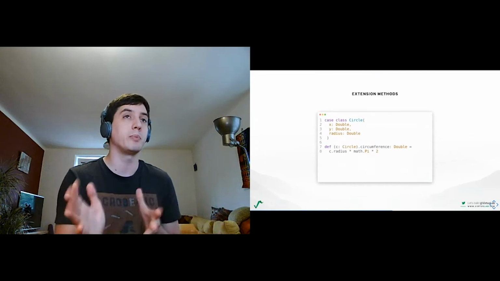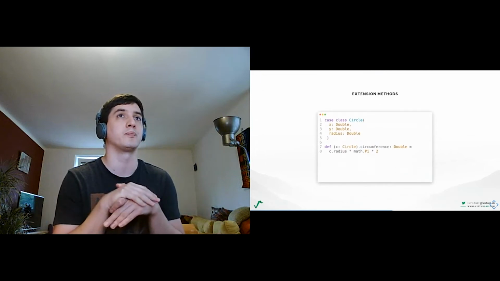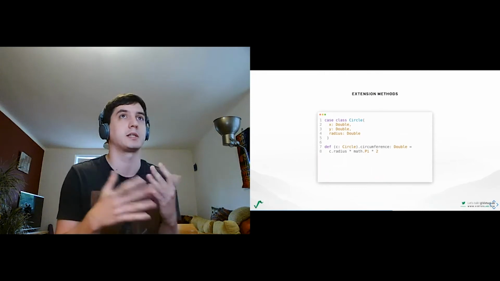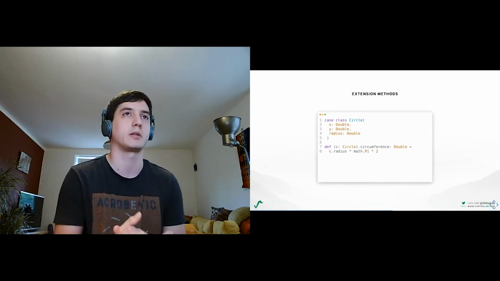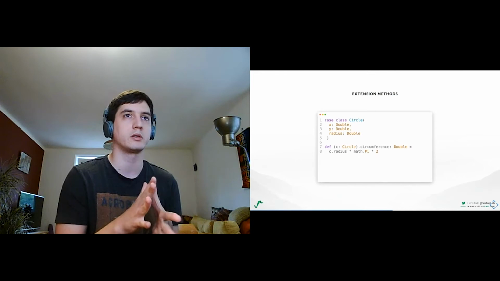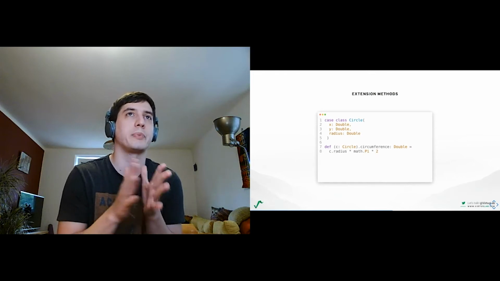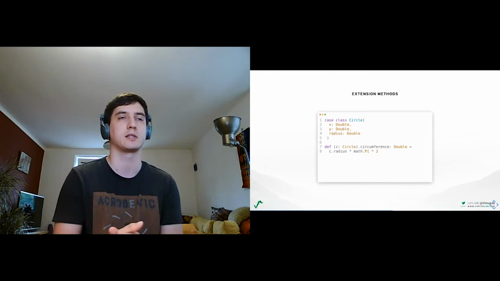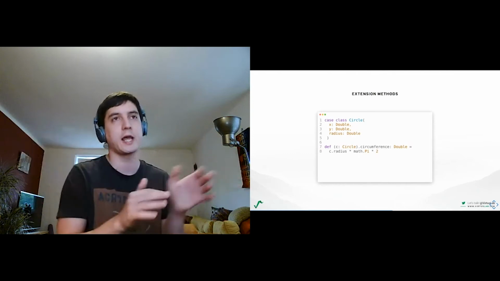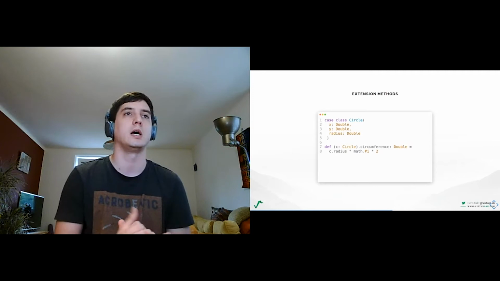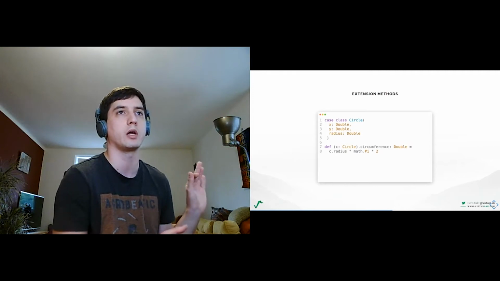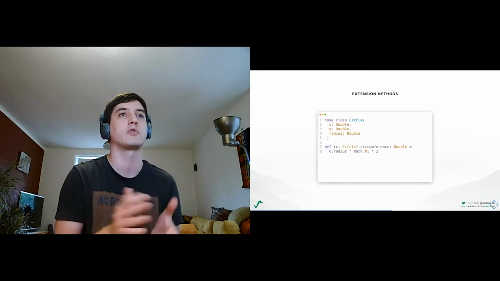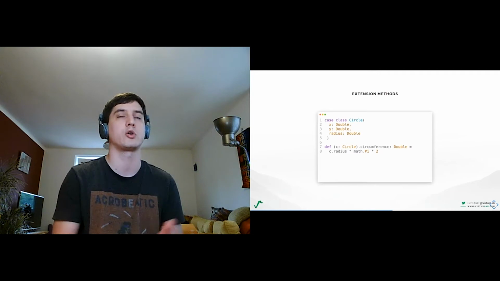Another thing that simplifies things, at least that's what I think, is extension methods. So extension methods will basically be the same thing as implicit classes. Not 100% the same, but it will serve the same purpose. And it's nicer syntax for defining additional methods on already existing types.